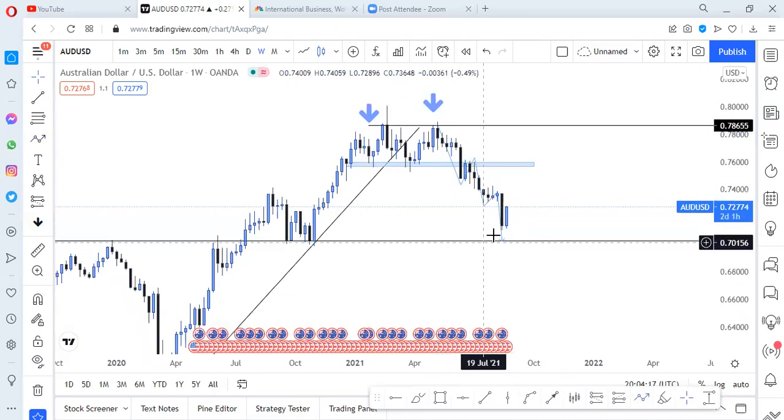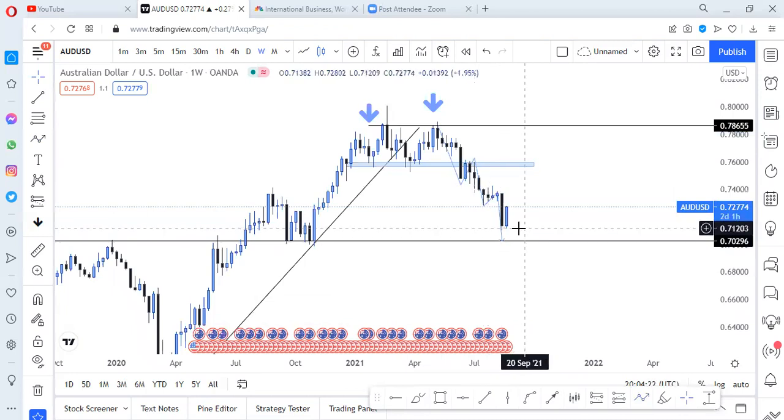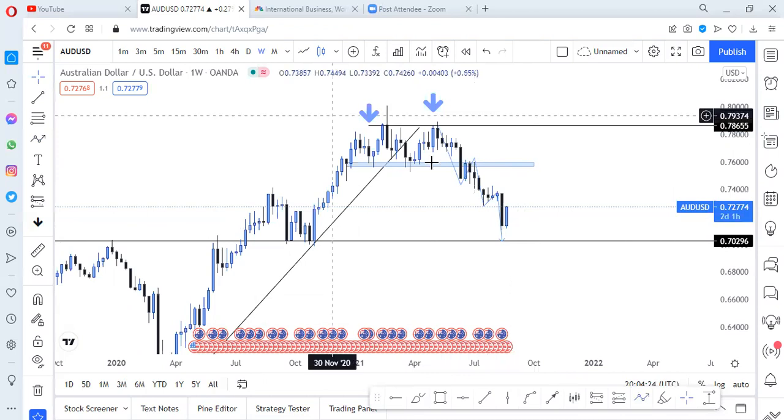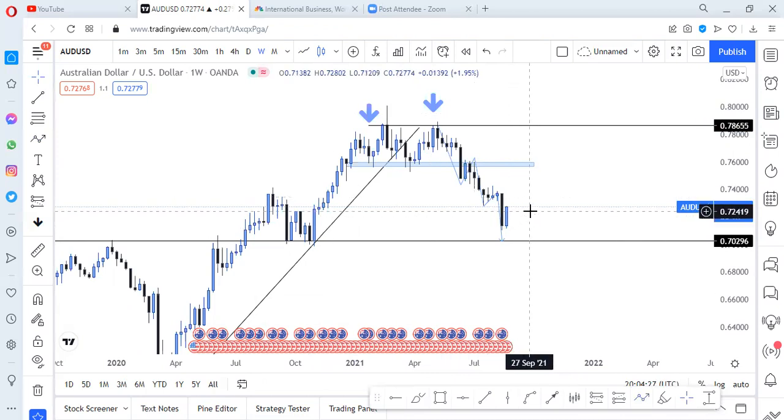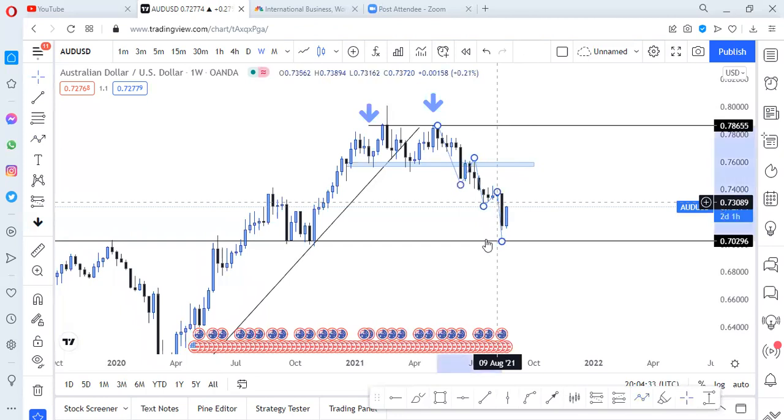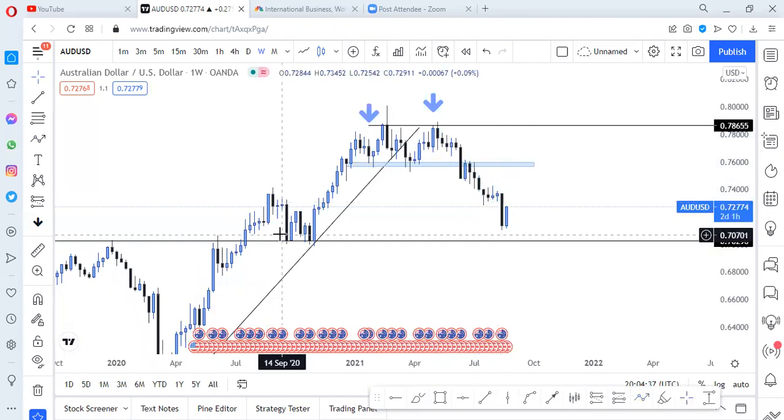So we have seen it come to this point and return in the middle. So now we are waiting for it to at least gain some selling power so that we can probably participate. So now with that being said, we can check the daily chart.